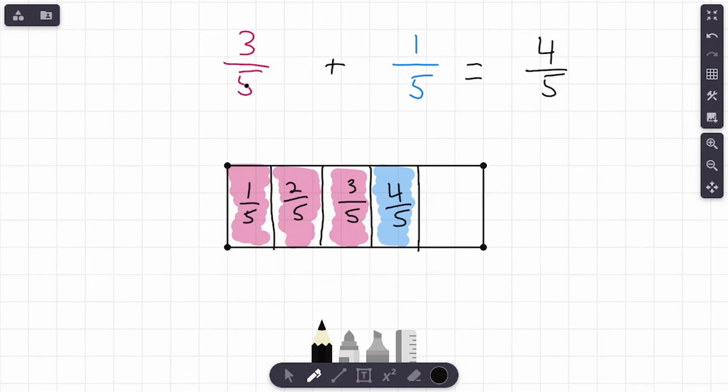Take a look again. Did we add the denominators? No, you're not adding the denominators. The denominators stay the same because the fraction is only broken up into sections of 5 equal size pieces. If we were to add these fractions, like the whole thing, the numerator and the denominator, that would give us 4/10.